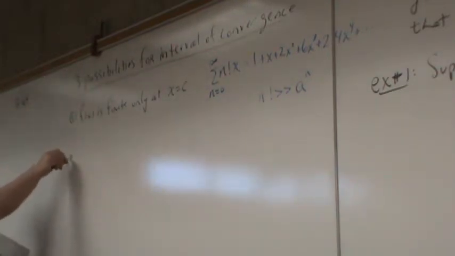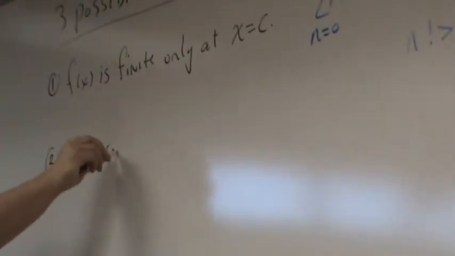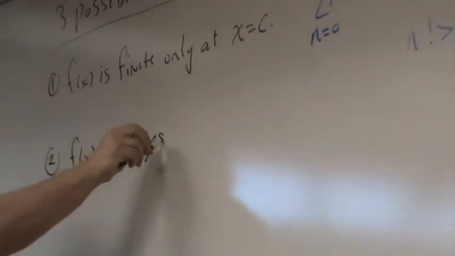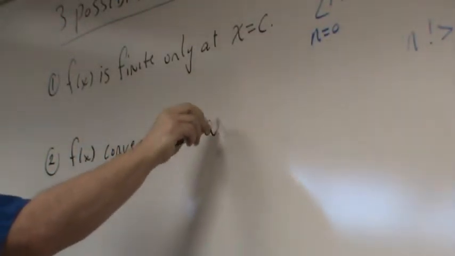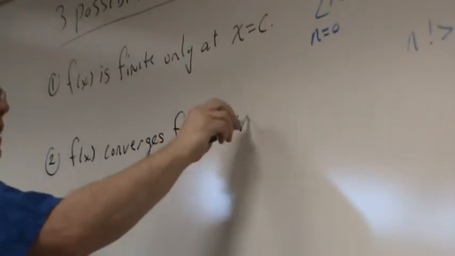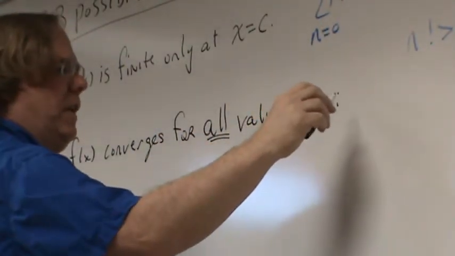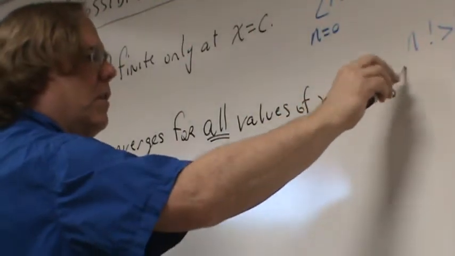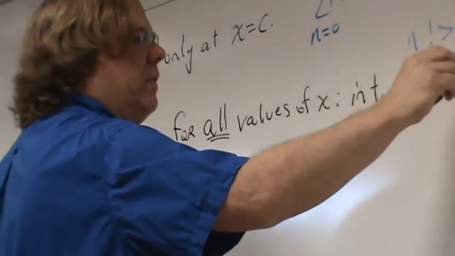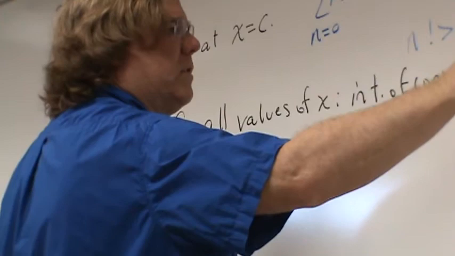So that's one possibility. The second possibility is f of x converges for all values of x. That is, the interval of convergence is negative infinity is less than x, which is less than infinity.